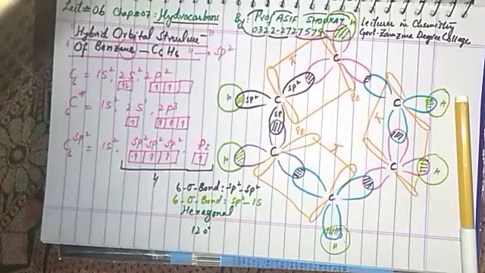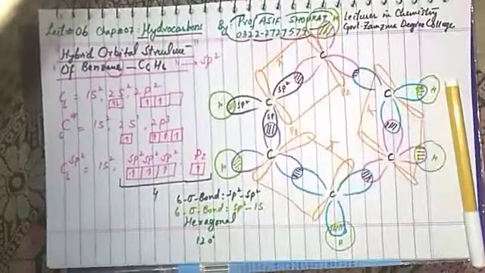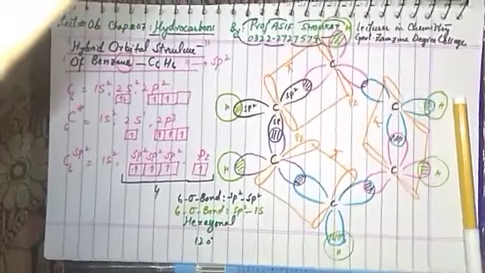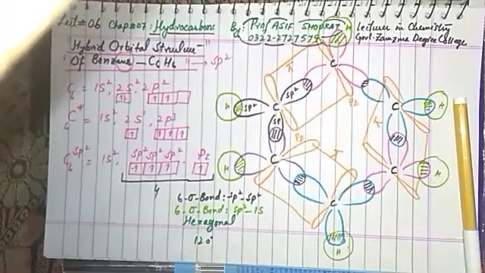Students, let me tell you one thing here, that alhamdulillah we have covered all the hybrid orbital structures of this chapter number 7. After this, we will move to the preparation of all these compounds.